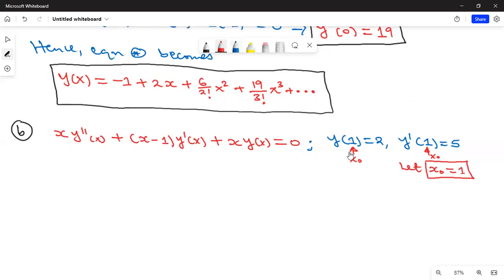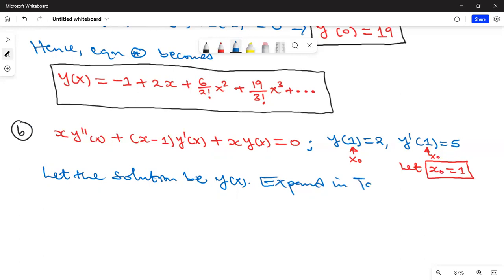Now, let the solution be y of x. So we need to expand this solution in Taylor series.